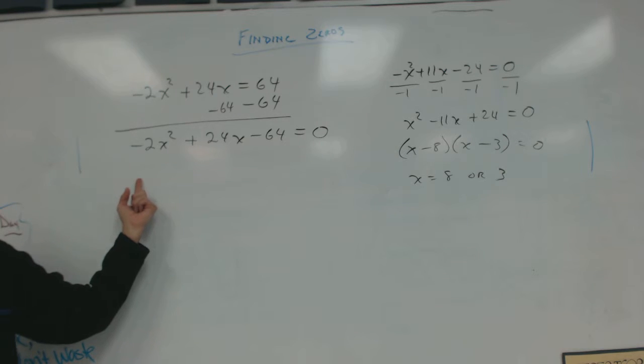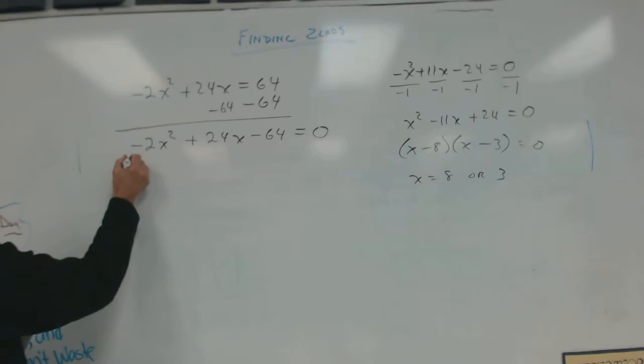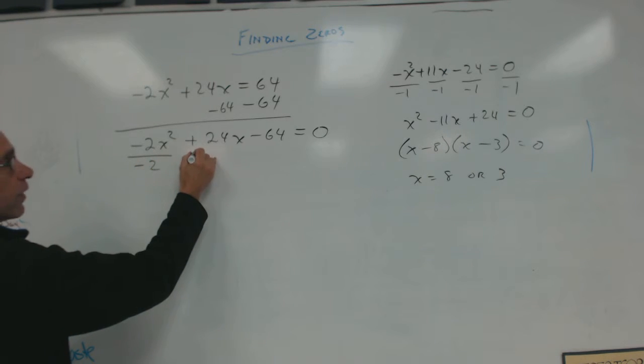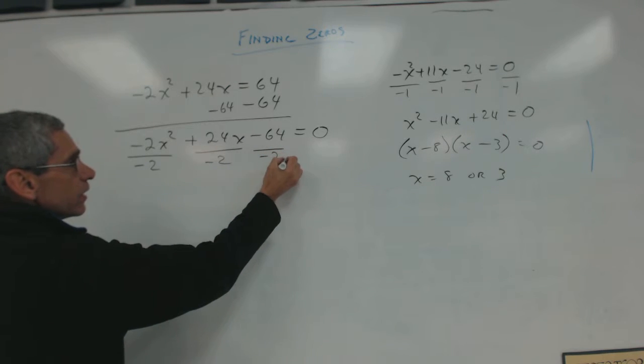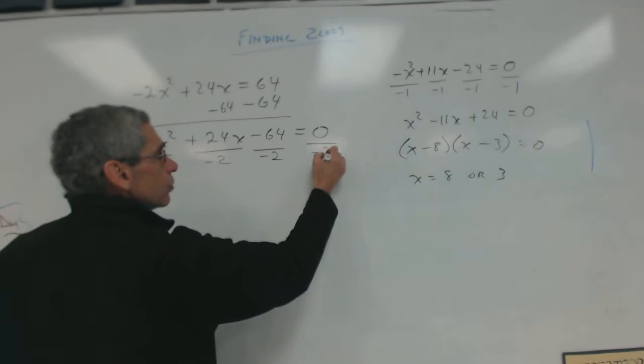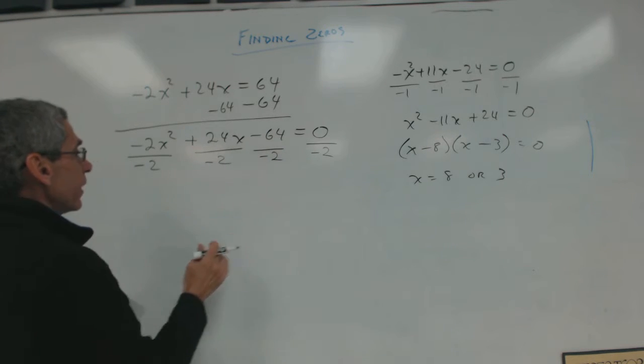Does that make sense? Because it equals 0, I can divide everything, every term, by negative 2, including the 0. That means I've divided both sides by negative 2.